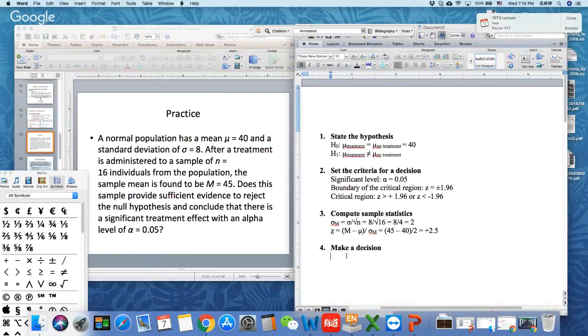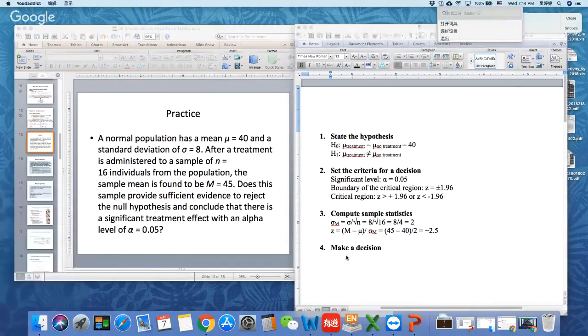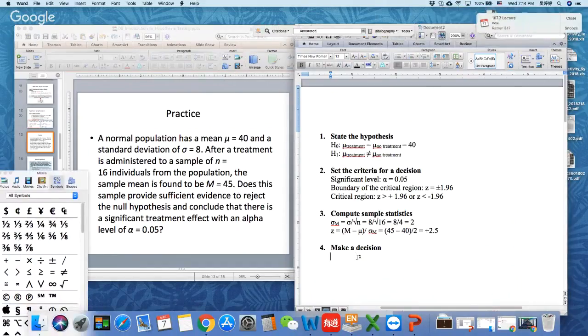So the last step, we make the decision. Z equals 2.5, sorry. And then we compare the z with our boundary, right?